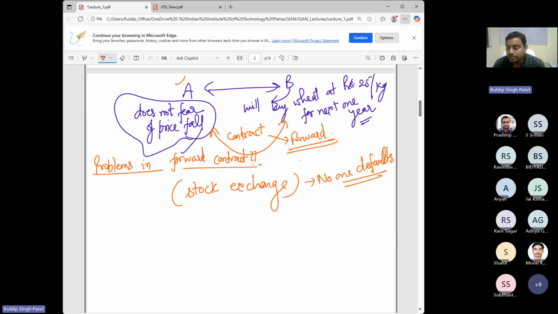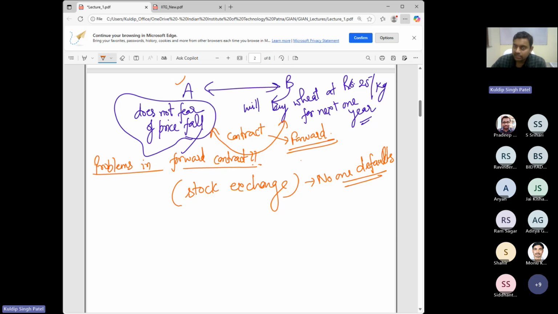You will be penalized. Understood? So we understood one kind of contract, the forward contract, and we realized that this has been happening from our ancient days. And nowadays, the stock exchange plays this role and manages that no one can default. If someone tries to default, he has to pay the price.